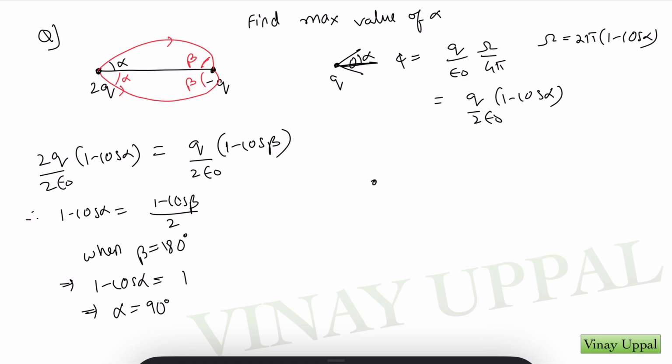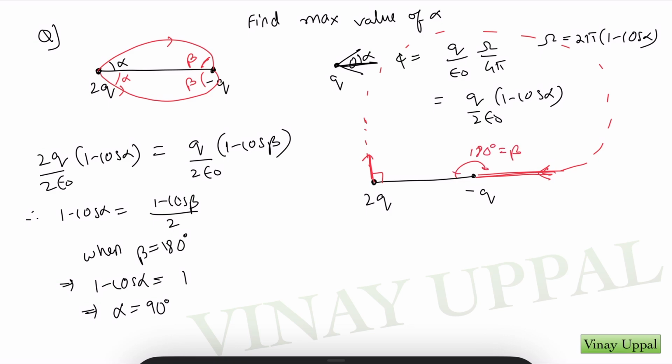So if I were to just plot the electric field lines for 2q and minus q, this field line at 90 degrees will basically be going to infinity, and then you can just imagine it will be looping up from infinity and coming here straight into minus q. Basically this will be 180 degrees. This is beta. And the other field lines, of course, you'll have a symmetric field line below 2q as well.